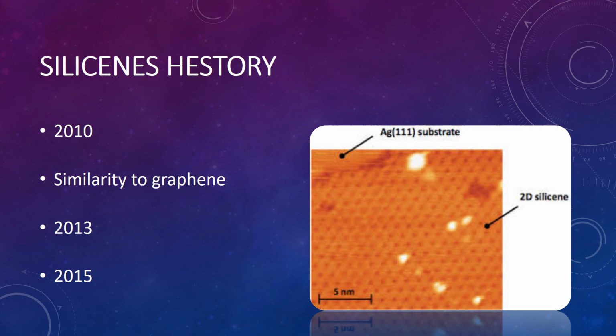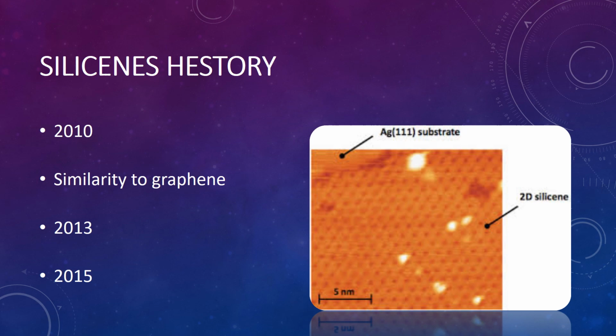So let's talk a little bit about silicene's history. Theorists had speculated about the existence and possible properties of freestanding silicene. Researchers first observed silicon structures that were suggestive of silicene in 2010.